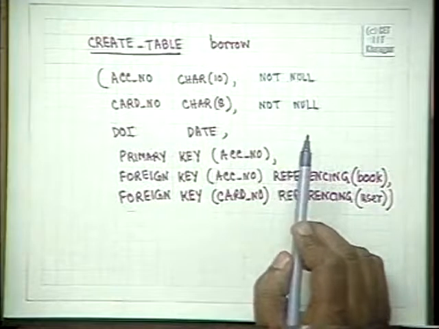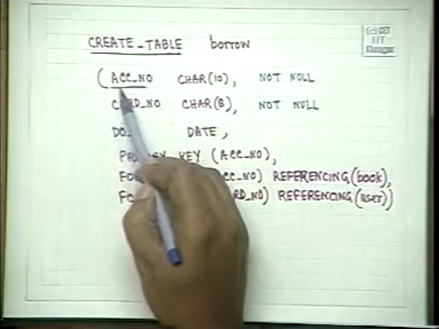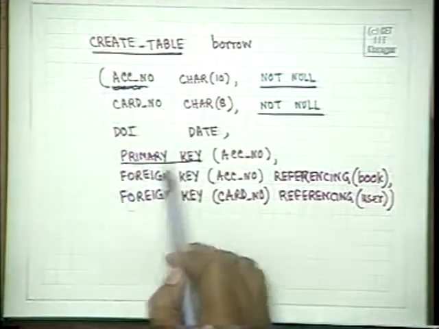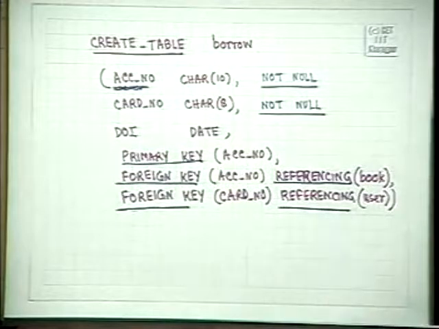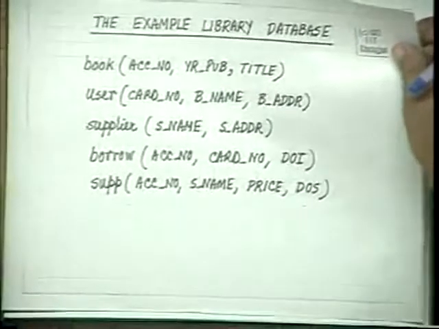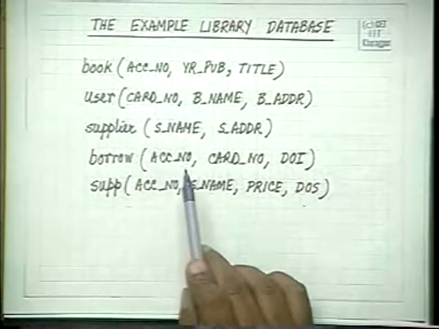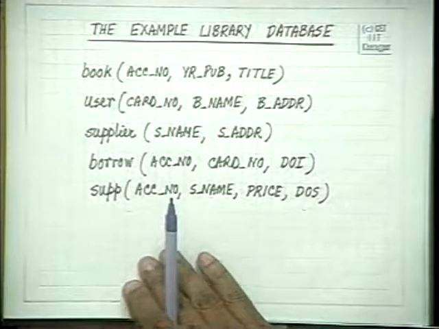None of them may be acceptable. So we have to specify these. We specify the type of each attribute, the primary keys, and which is null, which is non-null, and we specify all the foreign keys.